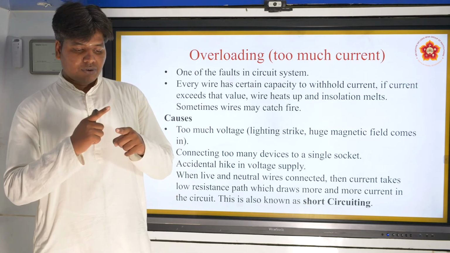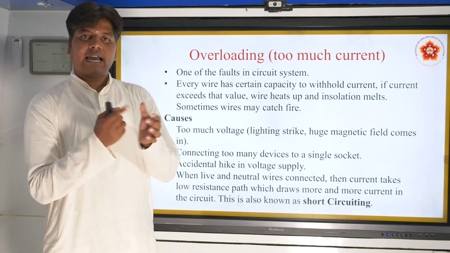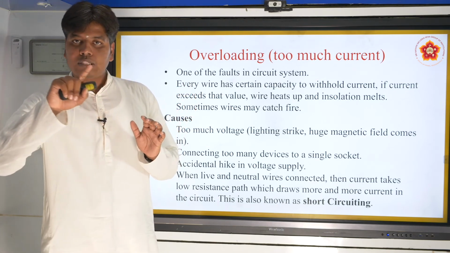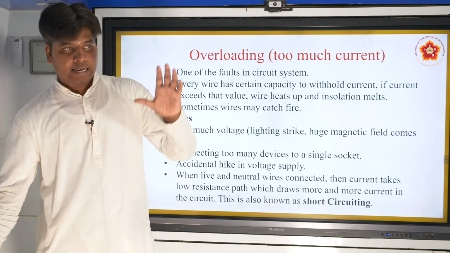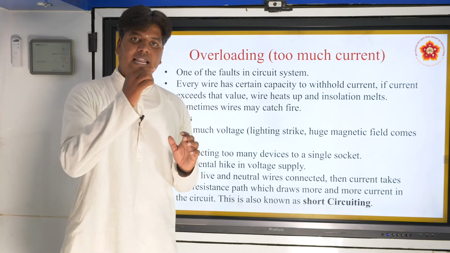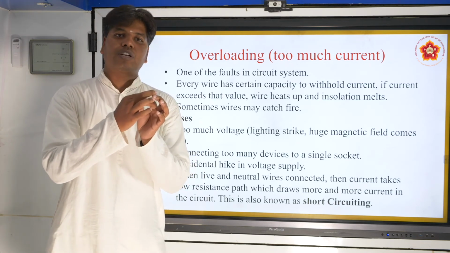When you have two wires melted or attached to each other, instead of going through the appliance, for example, a microwave oven, the live wire inside is attached to the neutral wire.